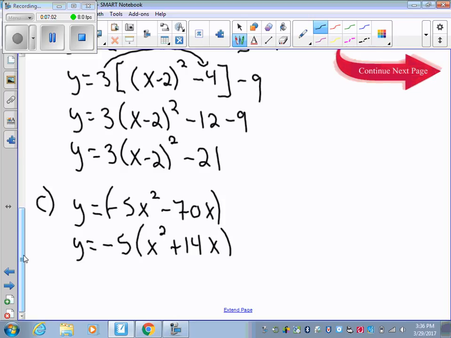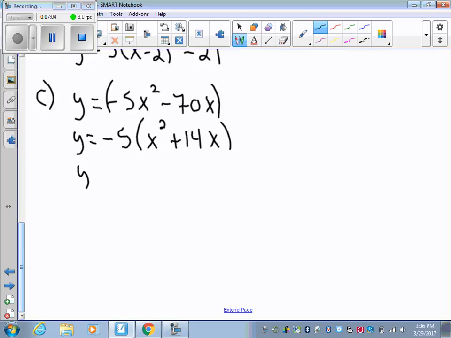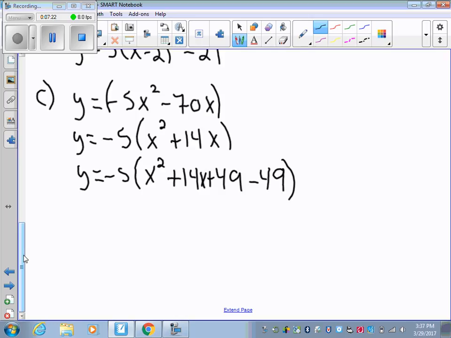Next, we're going to take half that term, which is 7, and square it. Add the square and subtract the square. And there is no C value.